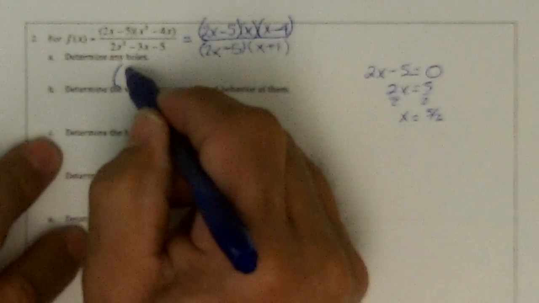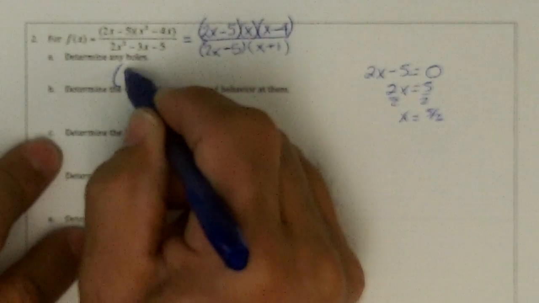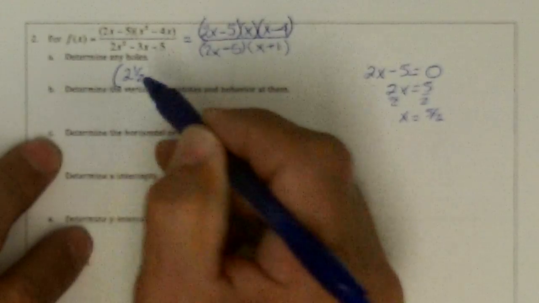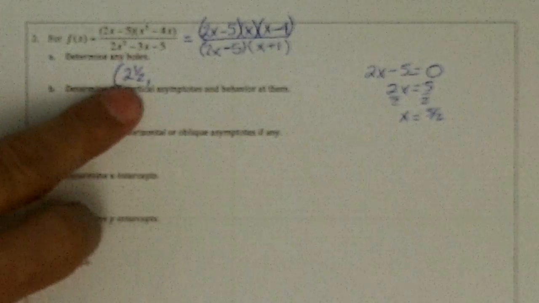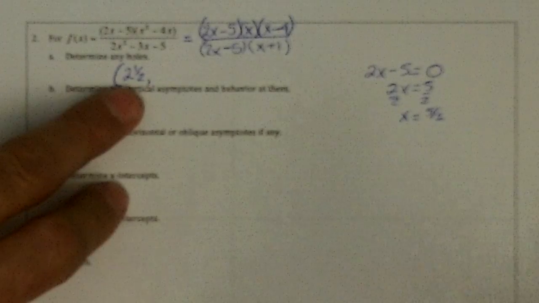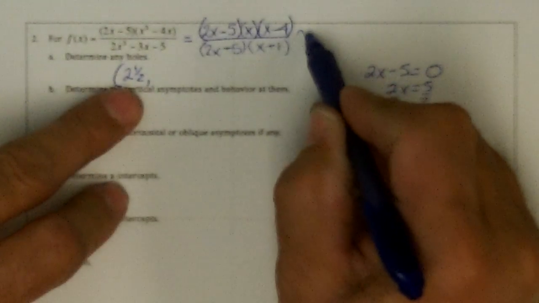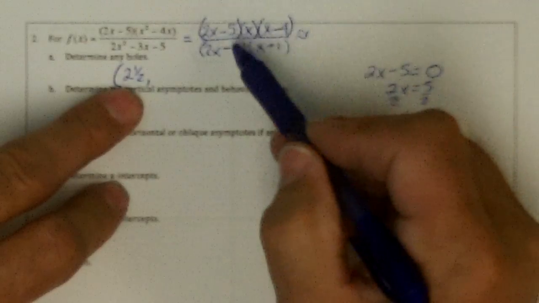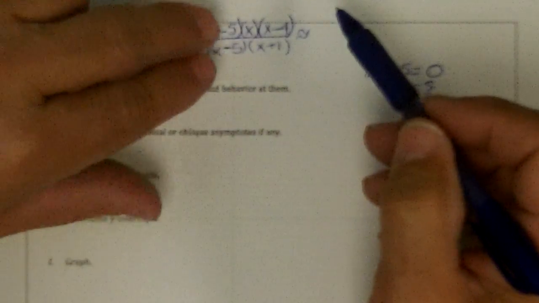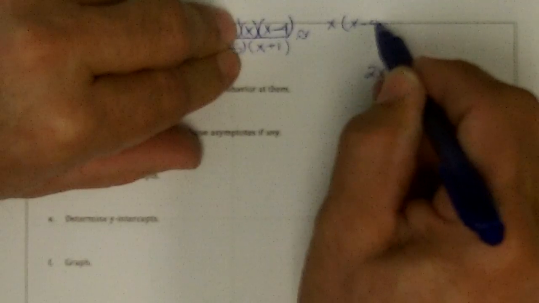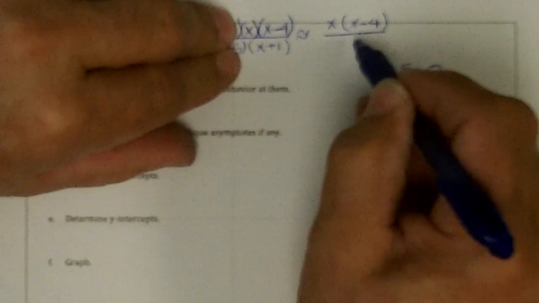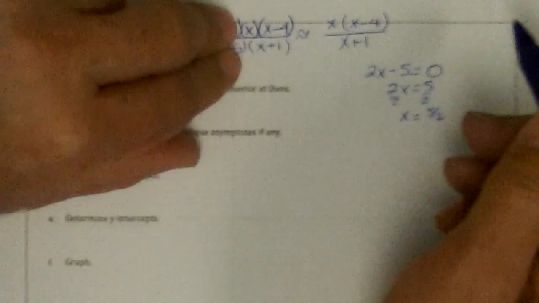So I have a hole at 5 halves, or 2 1/2. And to find the y value of the hole, I will plug it into the similar rational function. It's similar other than the hole, and that would be x times x minus 4 over x plus 1.